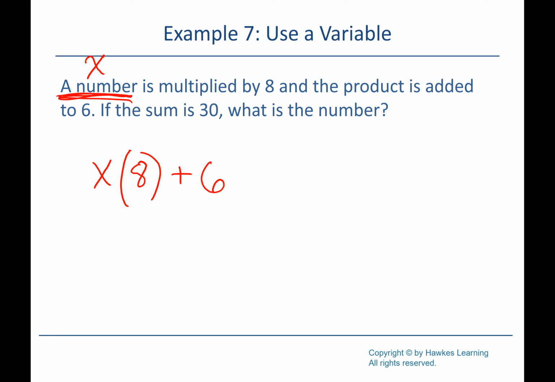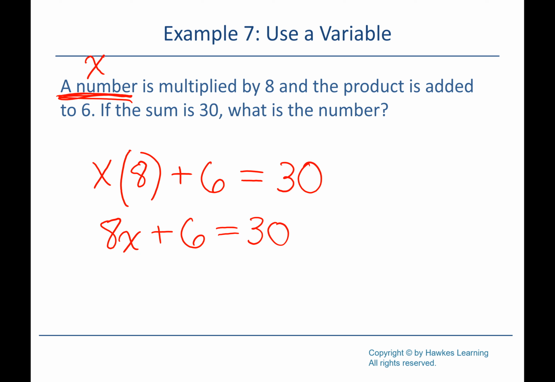And it says the sum, when we get finished adding that, is 30. So that means this thing on the left equals 30. And if you want to write it the way you're used to seeing it in algebra class, that's okay. You can just say 8x plus 6 equals 30. We won't have to do much of this in here, but you remember what to do to figure out what x is on this one?